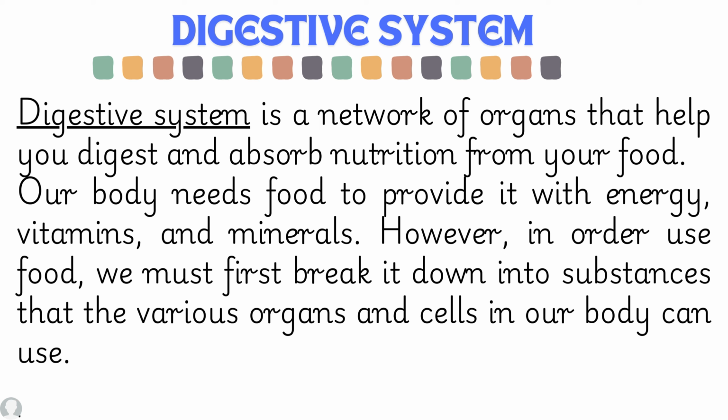Our body needs food to provide it with energy, vitamins, and minerals. However, in order to use the food, we must first break it down into substances that the various organs and cells in our body can use.